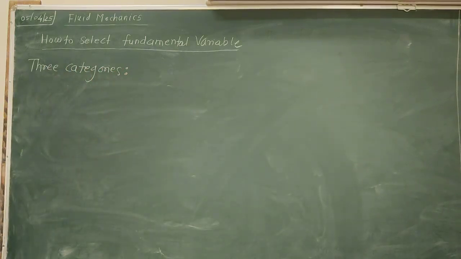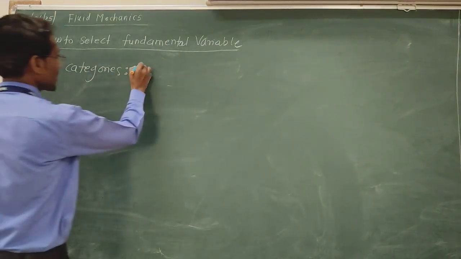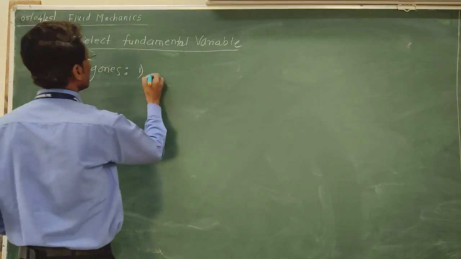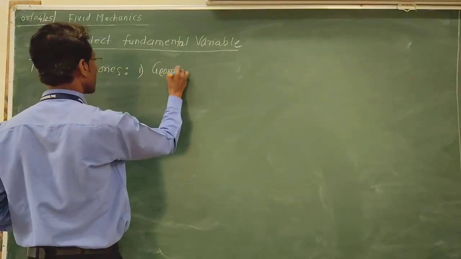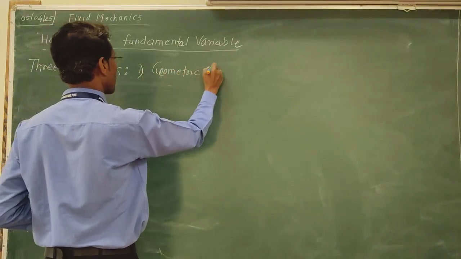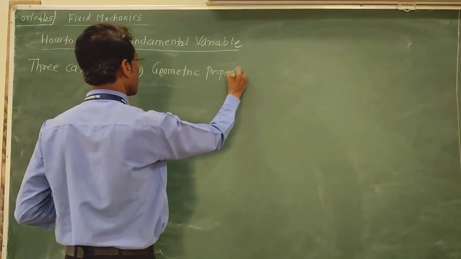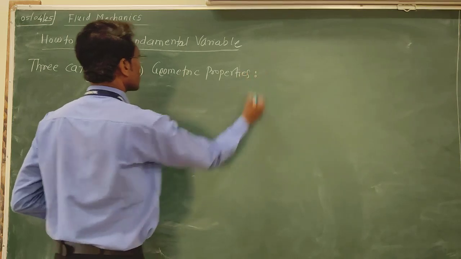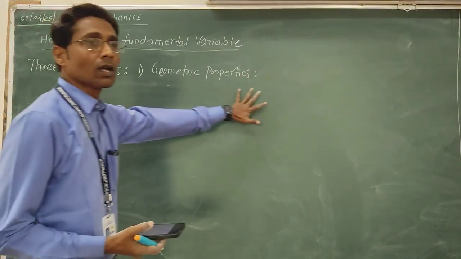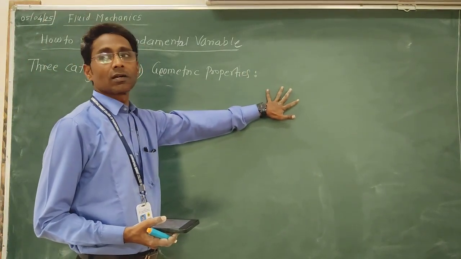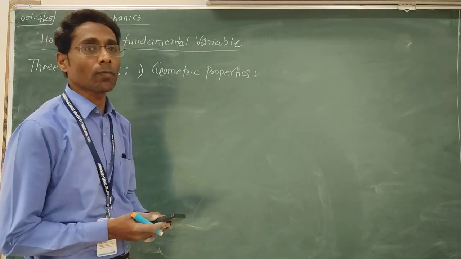The first set is of geometric property. These are variables used to give information about the size of the object. That is called a geometric property.